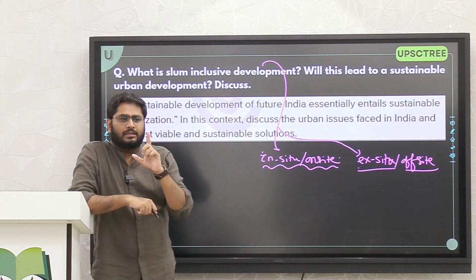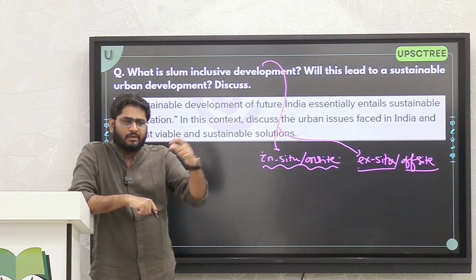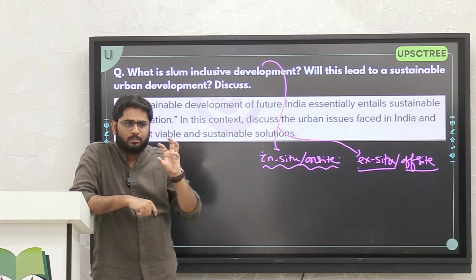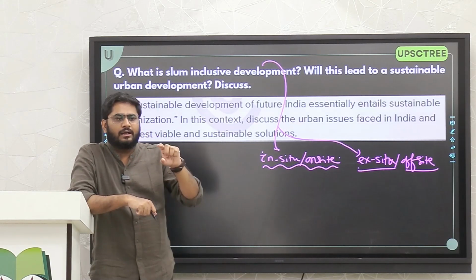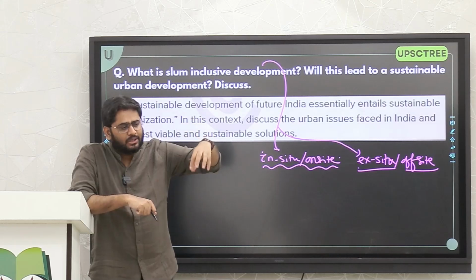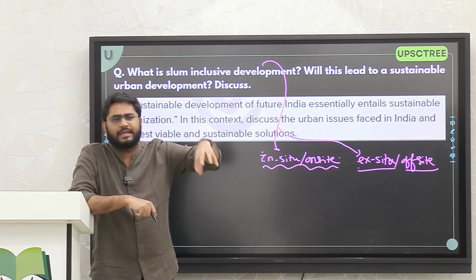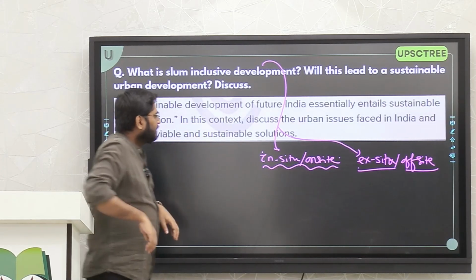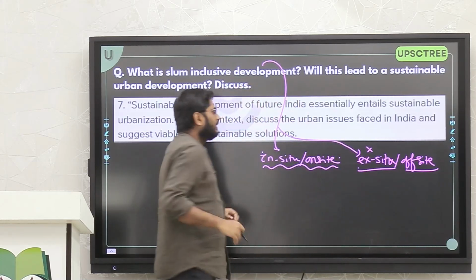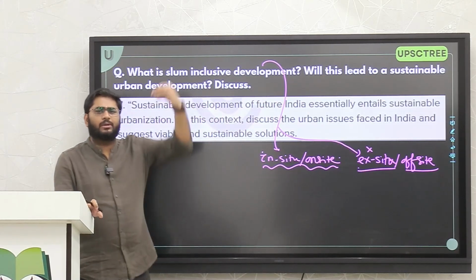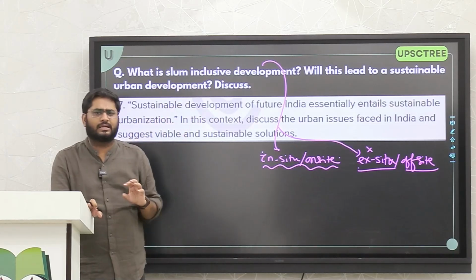But that was a failure because the people living in slums are the ones who are making the city function properly. And suppose they had to work in that particular region, that's why they are there. So that is the reason why the concept of ex situ rehabilitation of slum dwellers is a failure. वहाँ पे वो रेंट लगा देंगे या किसी और को दे देंगे, so it was a failure.